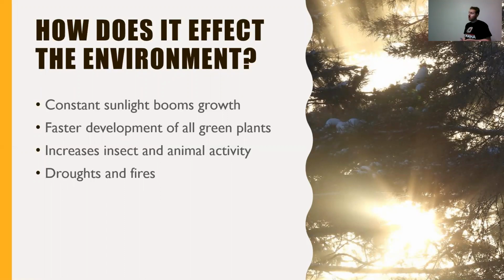There's also increased animal activity and insect activity because of all this extra abundance of sunlight. There are also lots of droughts and fires in the forests in Sweden during this time, just because it gets so hot and there is so much sunlight.